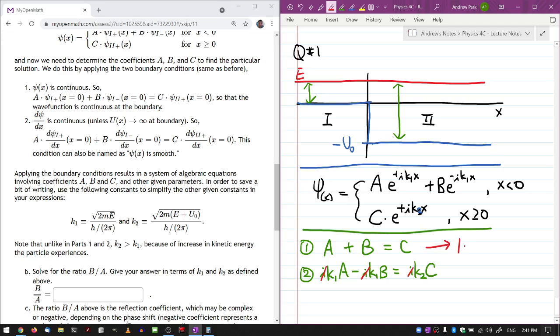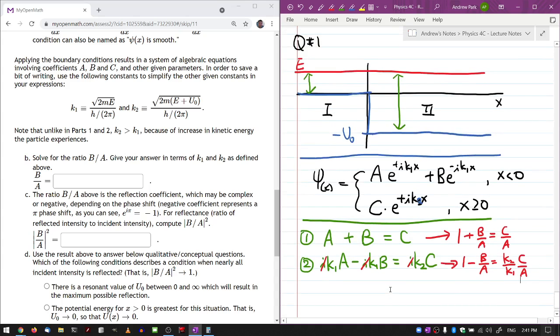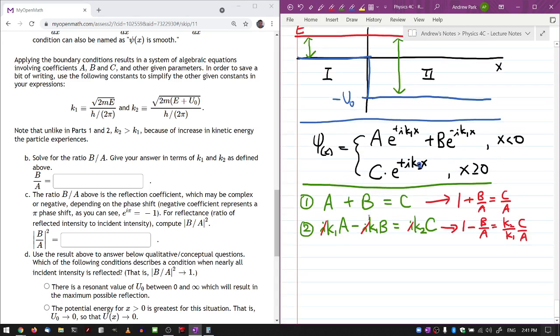Dividing out by a, 1 plus b over a is equal to c over a, and dividing out by k1a, 1 minus b over a is equal to k2 over k1 times c over a. The question says solve for the ratio b over a. But like before, I'll find it easier to solve for c over a first, because it's so much easier to add this to the above equation.